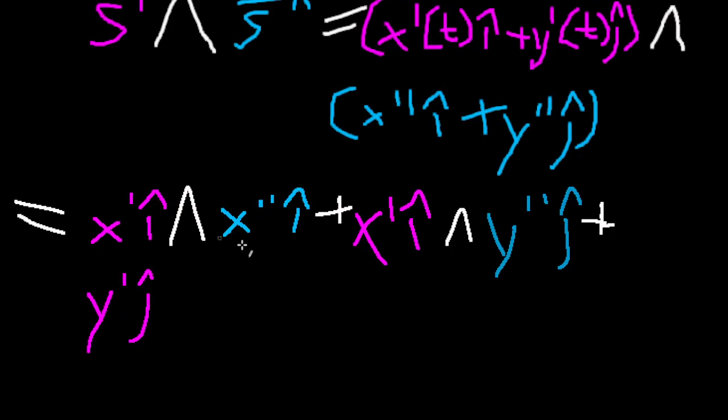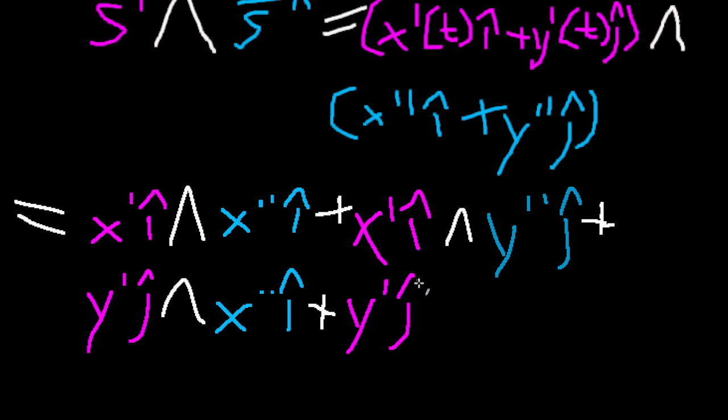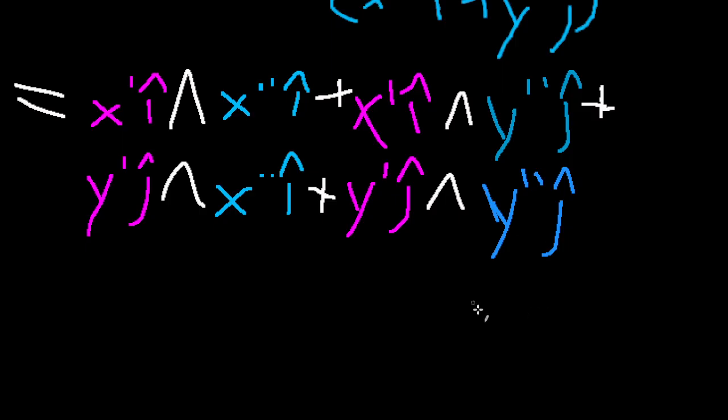And then wedge with x double prime i hat, plus final term, y prime times j hat wedged with y double prime j hat. Okay.